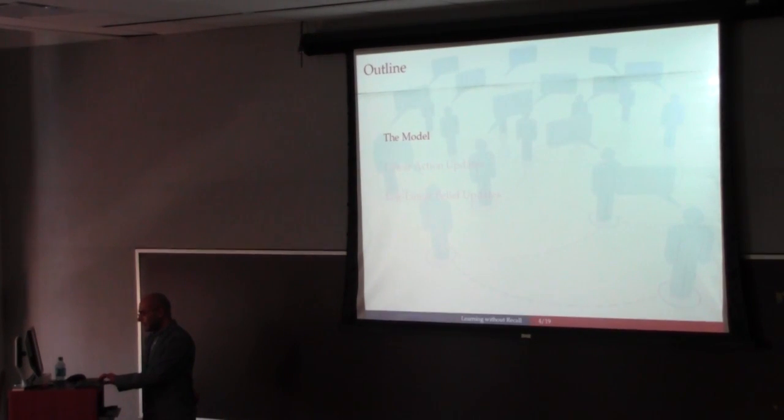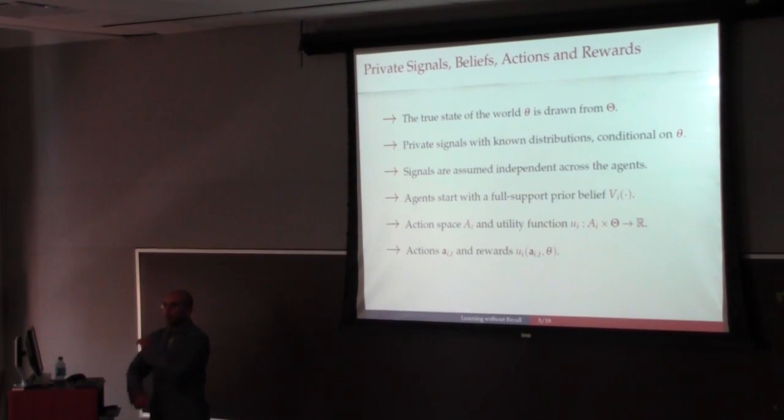So let's see how we will model this groupthink situation and what kind of insights our model gives us. There would be a true state of the world that is basically representing the best policy, and each person has some opinion or some ideas about what is the best policy, and those are because of their private signals. So there would be some private signals with known distributions.